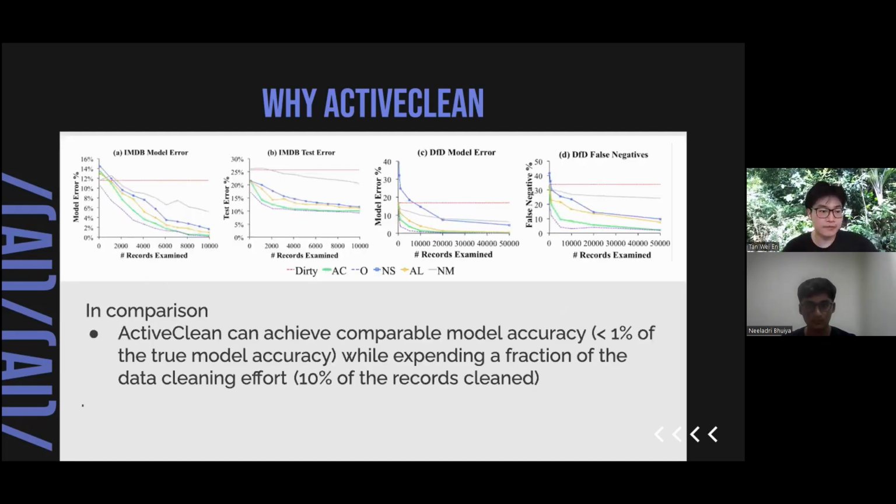Okay, so what we are seeing here is that the green one, which is ActiveClean, is doing quite well compared to the so-called best ground truth, which is the O, the purple one, right? Yeah. Okay, I understand. So it's evaluated on test error and model error.